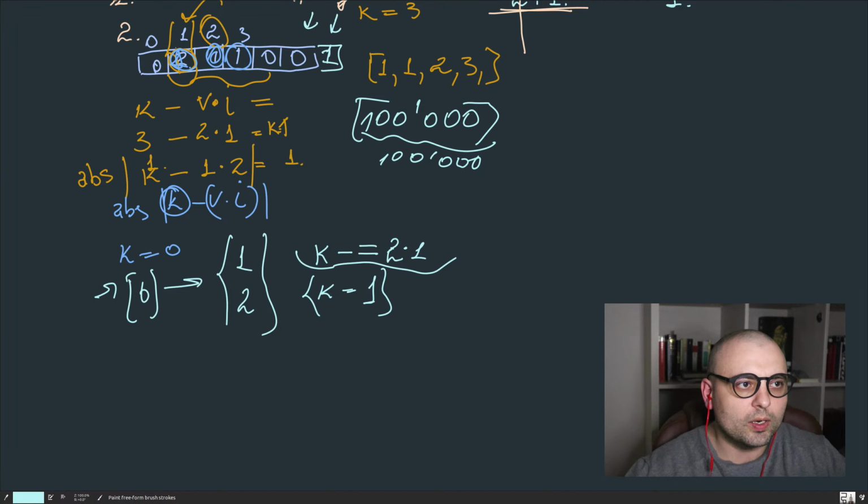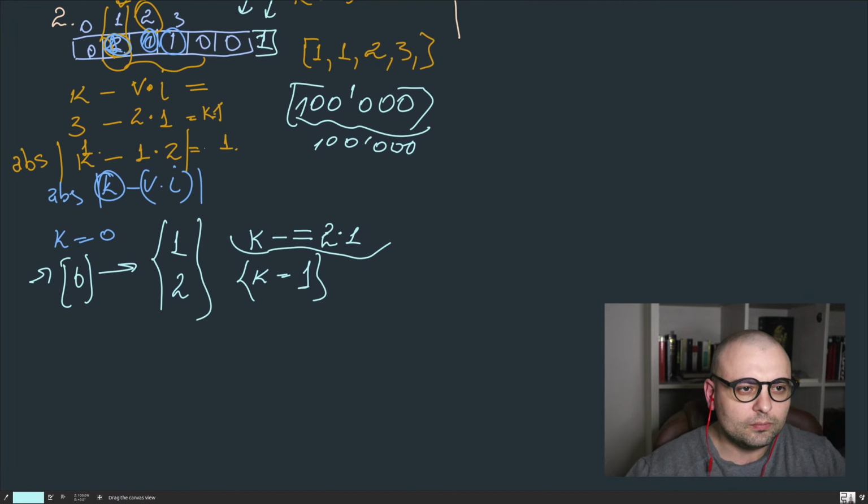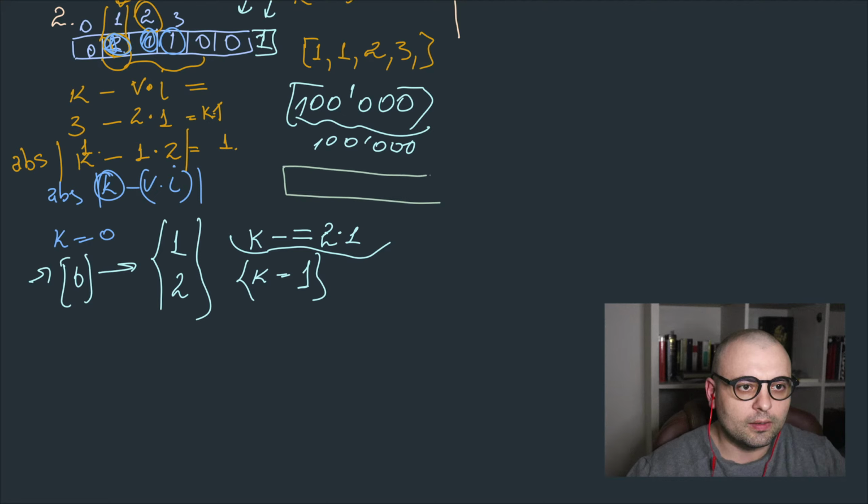So index 1 will become 0 in this case. So let's go back. So 0, 1. So here we'll have 0.